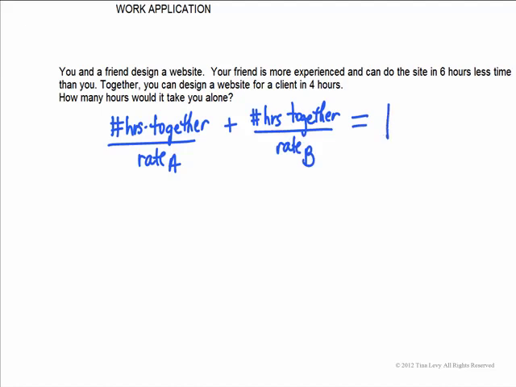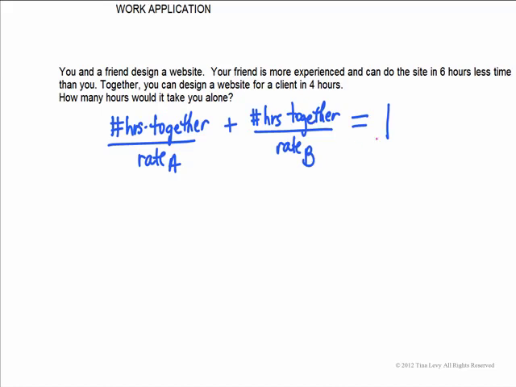That's the grid. Because however long it takes you, for example, if it takes you 3 hours, in 1 hour you do 1/3. In so many hours you do so many thirds. So it's a fraction. The portion of the job that can be done by one person plus the portion by another equals one entire job.